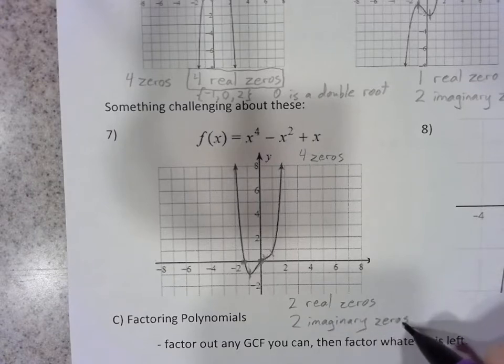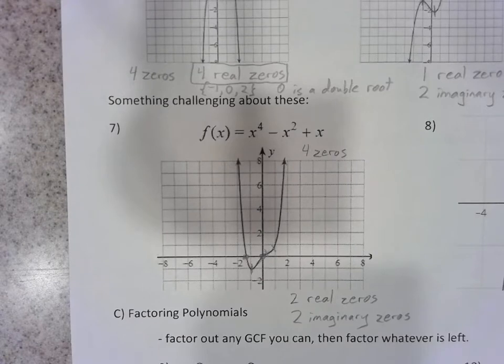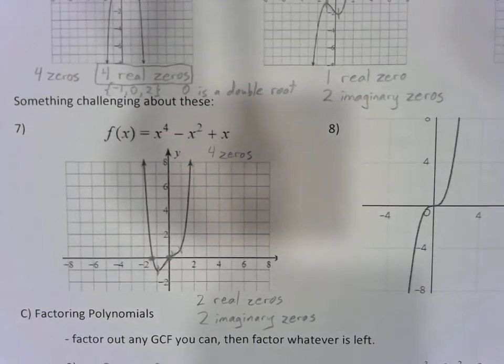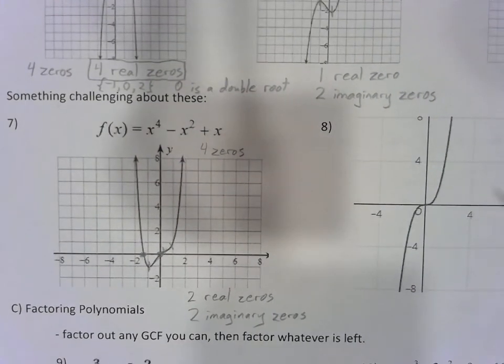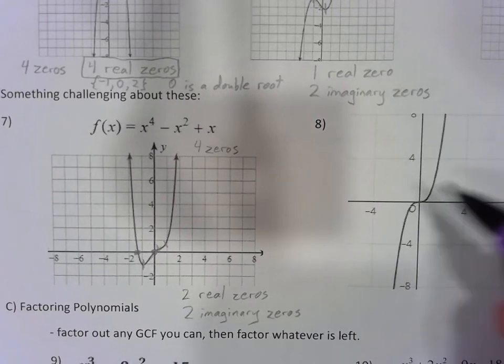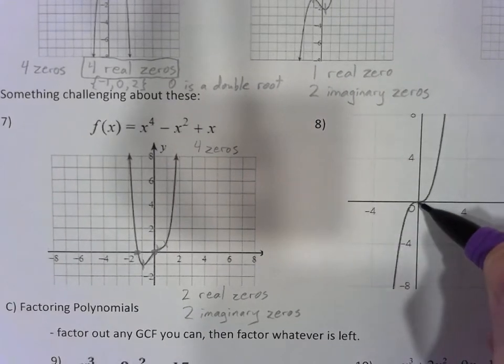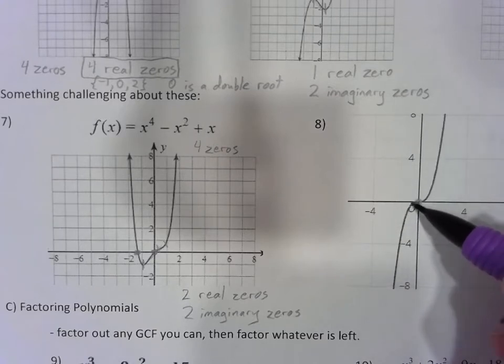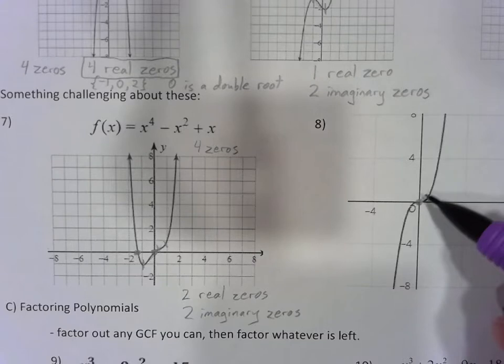This type will perhaps make more sense once we can actually work with the equation a little bit more. Problem number 8, we're not given the equation, but as we look at this, we see one real zero here, one place where it crosses, but this graph comes up and it sort of flattens out, and for a second we don't know, is it going to come back down or is it going to go back up?